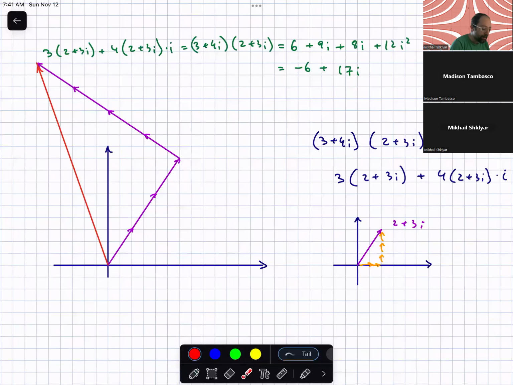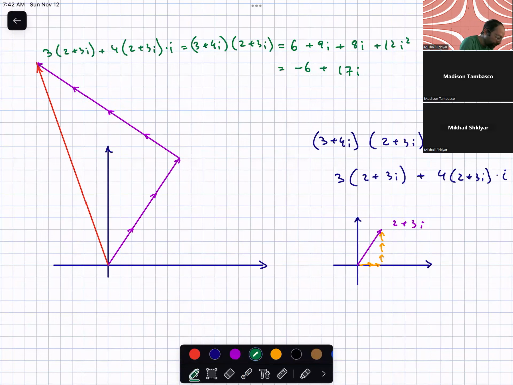Notice that this is exactly the same idea. We have 3 units in one direction and then 4 units in the direction which is perpendicular to the direction we started with. Well, these two triangles are similar, but there's just some sort of scaling.